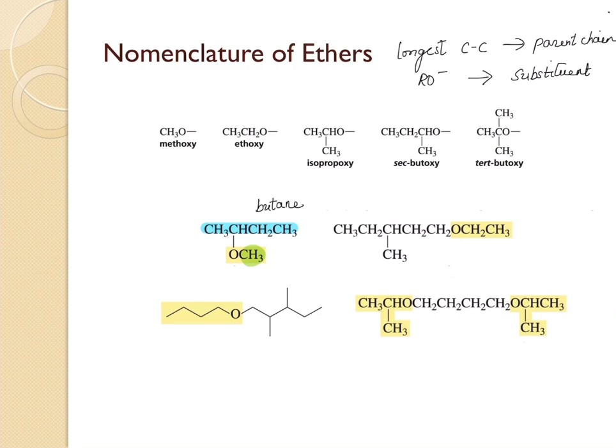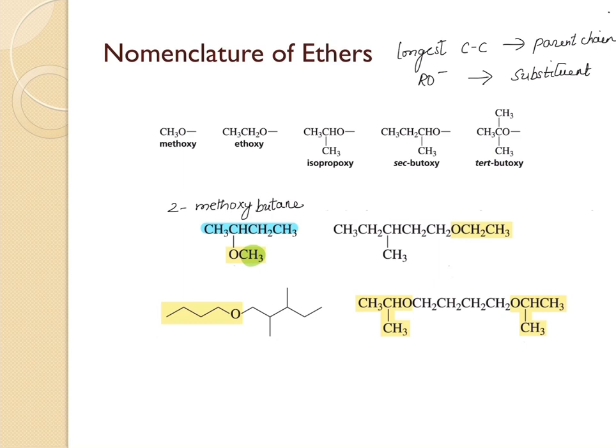And leaving the butane, we can see that there is an alkoxy group. To be more specific, this is a methoxy group, and this methoxy group is present on the second carbon of the butane molecule, right? So this is going to be called 2-methoxybutane.